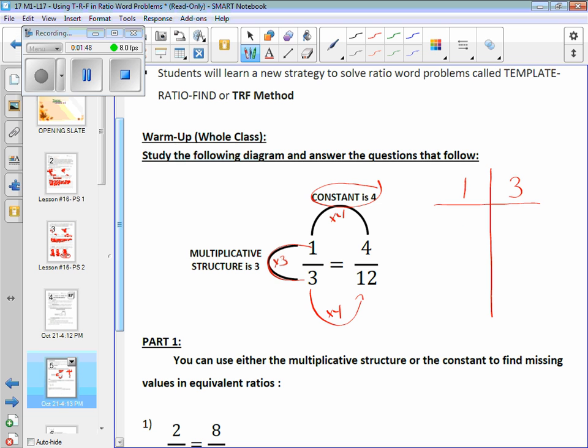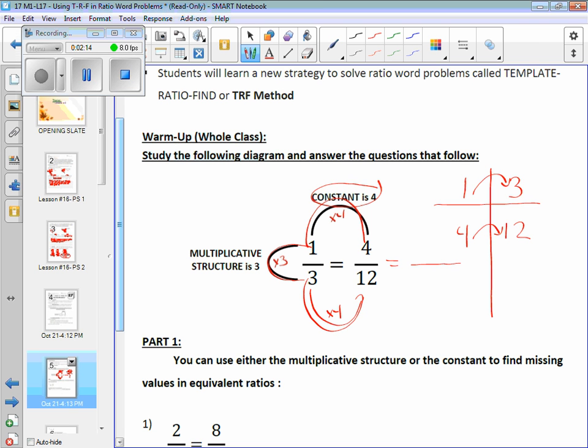This is my ratio 4 to 12. Remember when we did this, I would ask you, what's the multiplicative structure? Yeah. That's how we got from 1 to 3, multiplicative structure. When you create a new equivalent ratio going this way, that's called constant.